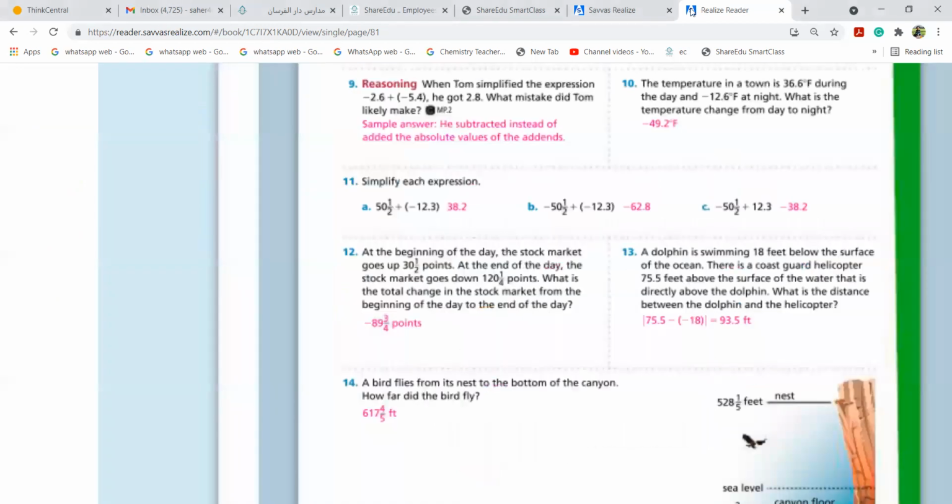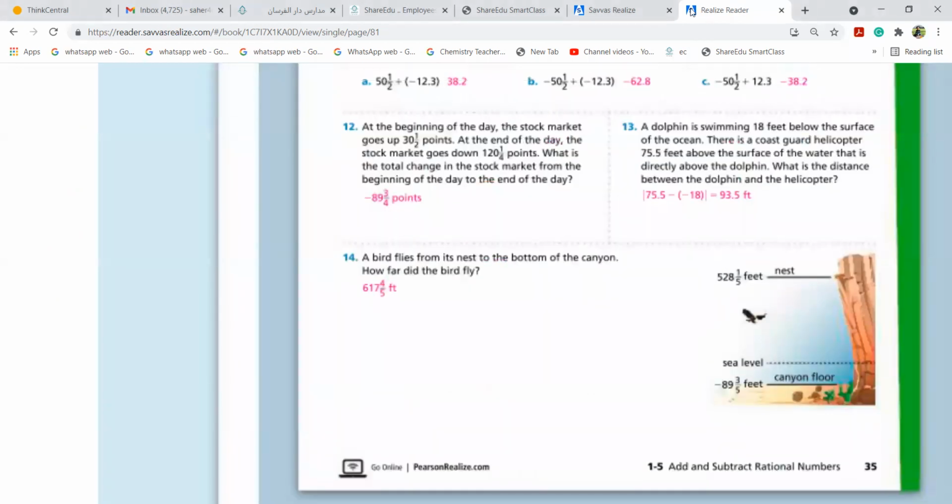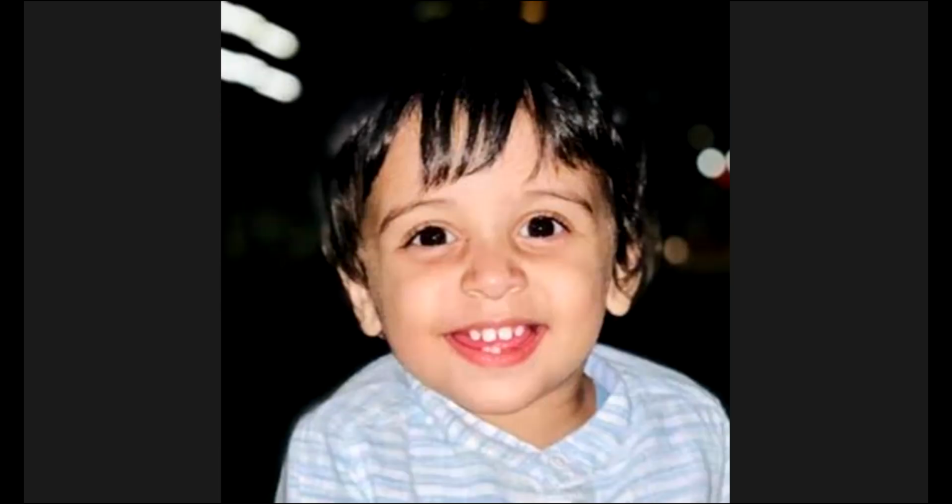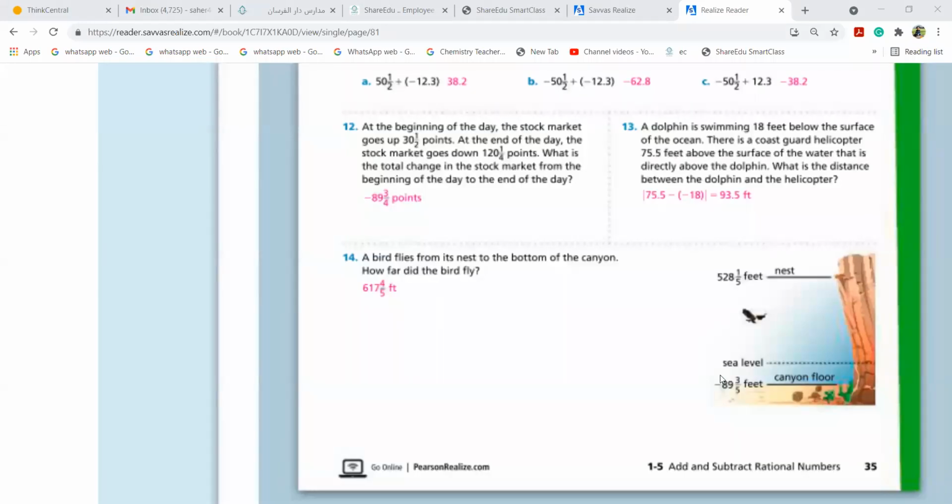Girls, a bird flies from its nest to the bottom of the canyon floor. What is the bottom of the canyon floor? See, minus 80, okay? And where did it fly?